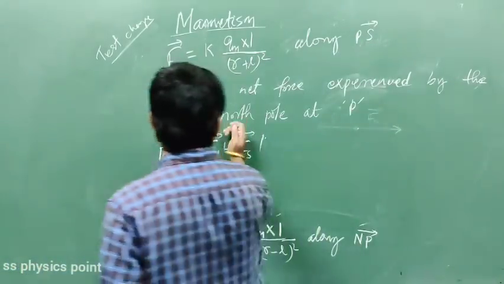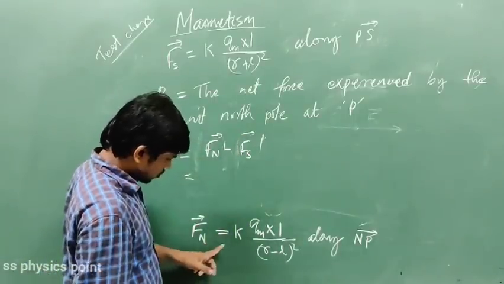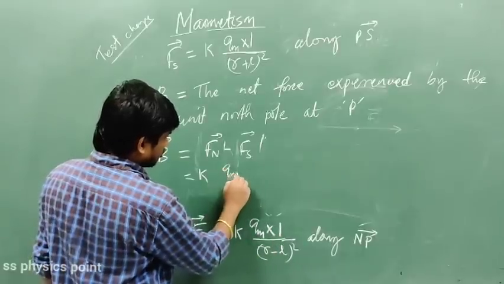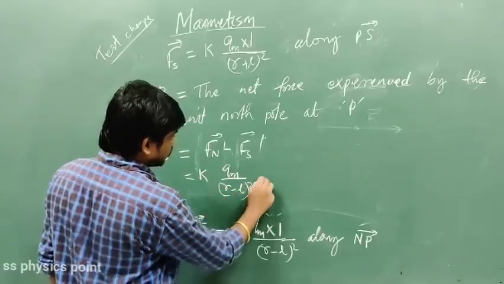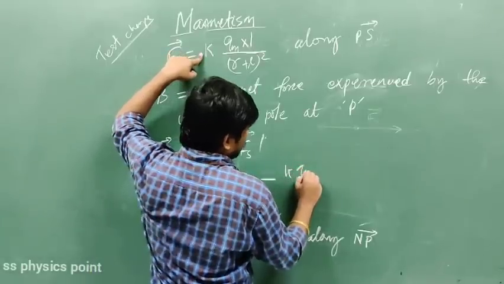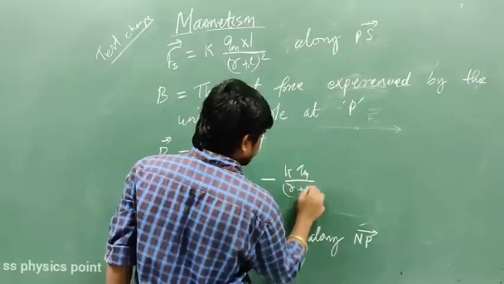Then let's put the values here. What is the value of Fn? Fn is K Qm by (R minus L) whole square, minus Fs, K Qm by (R plus L) whole square.